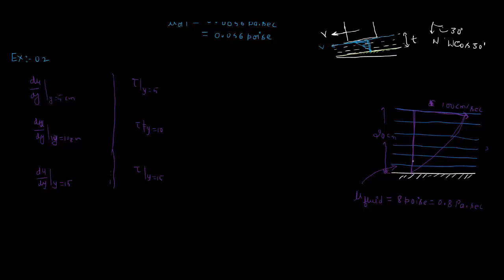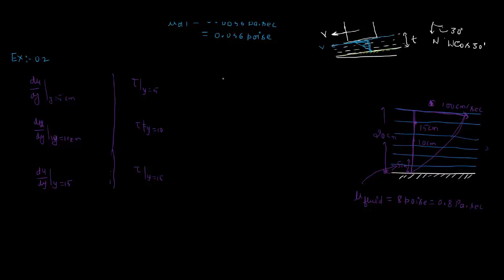So let me say this point is 5 centimeter, this point, that is a midpoint, is 10 centimeter, and around here this is 15 centimeter above the solid surface, and this velocity variation is not linear, it's actually parabolic.